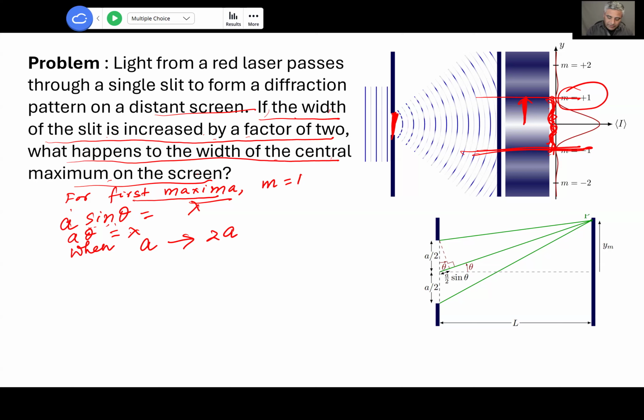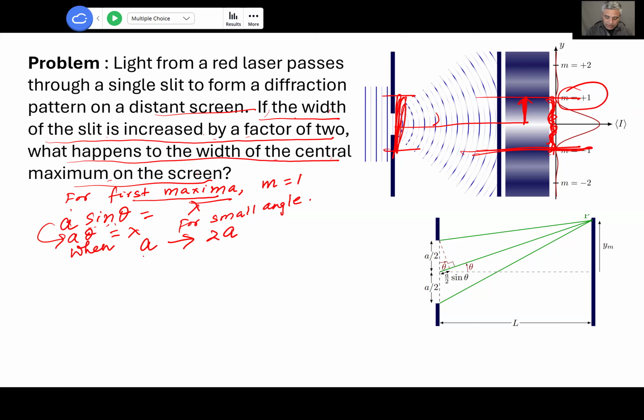So we have this equation for a small angle. Right now, the angle is something like this. What happens when we double this size? Maybe I should draw something like this. What happens if we double that?